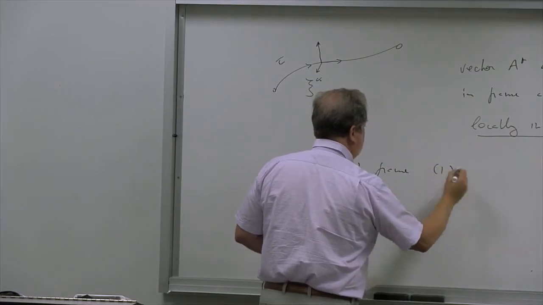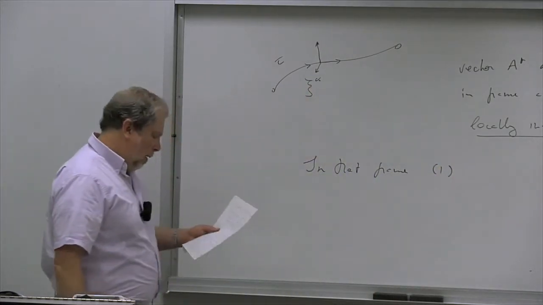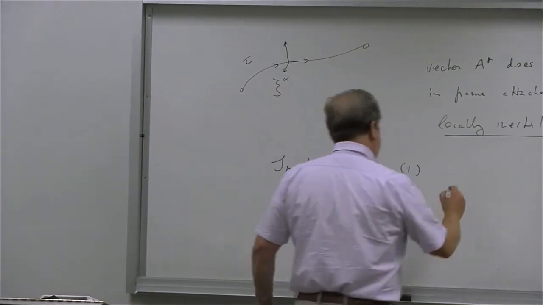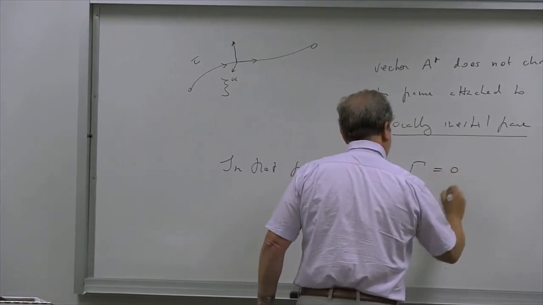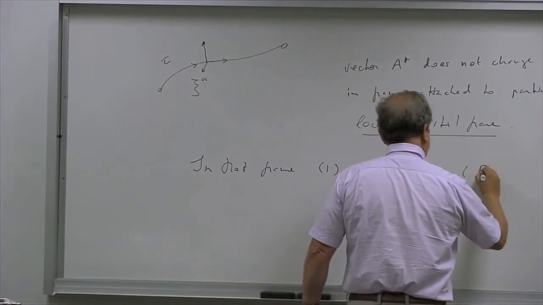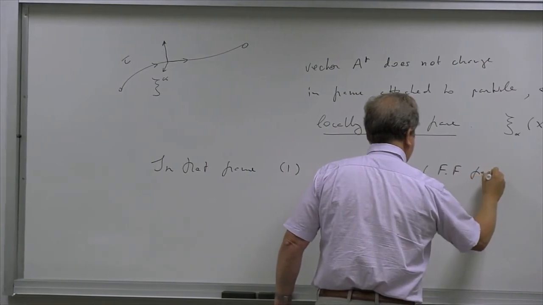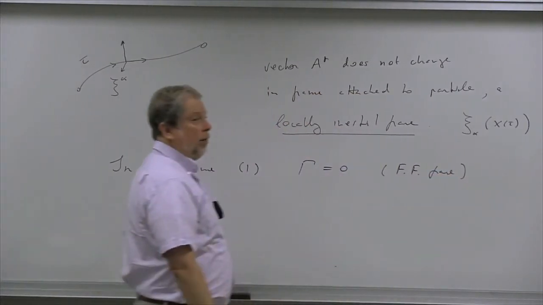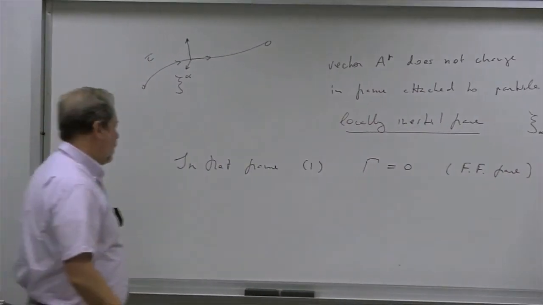you have two things. The first one is that gamma is 0 because it is a freely falling frame, so the affine connection is equal to 0.